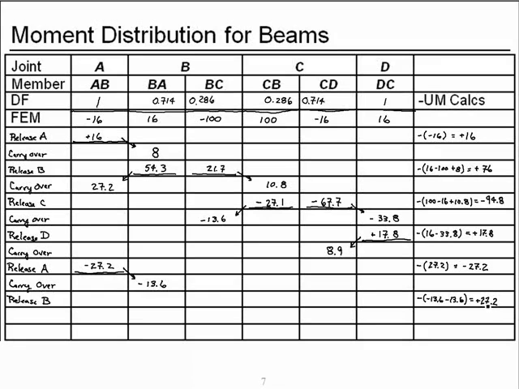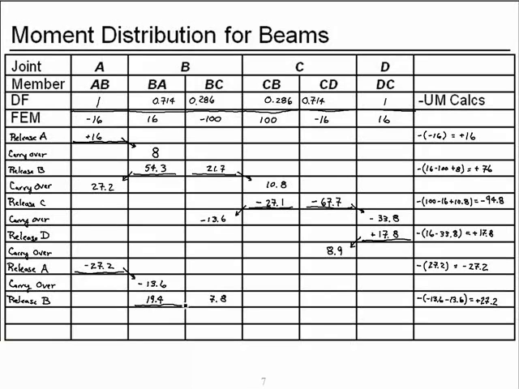We'll take that quantity and we'll distribute it according to 0.714 goes back into member BA, and 0.286 times the 27.2 stays or goes into member BC.